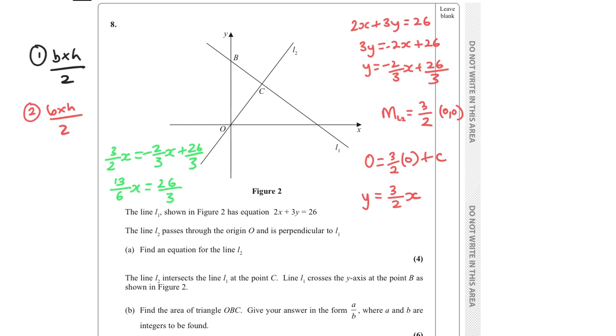And then I'm going to divide both sides by 13 over 6. 26 over 3 divided by 13 over 6, the answer is 4. So my x coordinate is 4. And my y coordinate I don't actually need to work out, but if I wanted to, I can just substitute it into here. 3 over 2 times 4, which is 6.